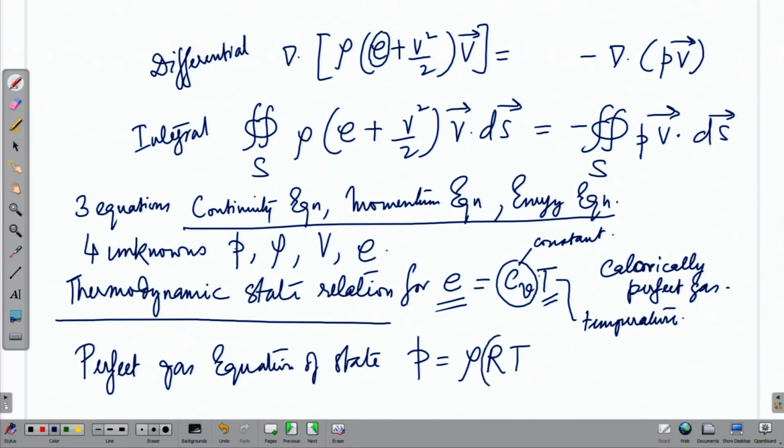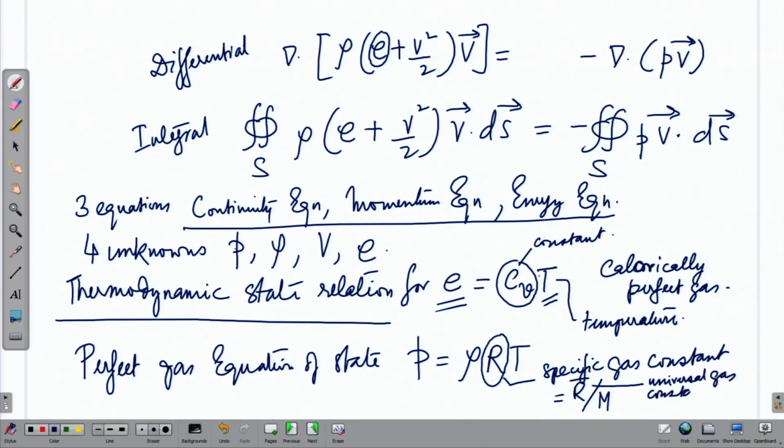We have this R as what is called the specific gas constant, and that is represented in terms of the universal gas constant, let us say R bar, divided by the molecular weight of the gas, where the universal gas constant has a value of 8314 joules per kg Kelvin.